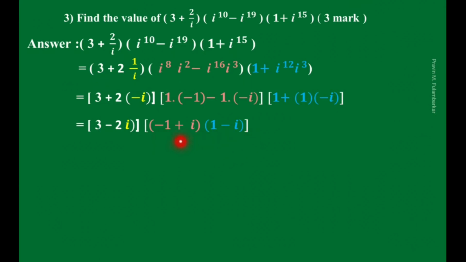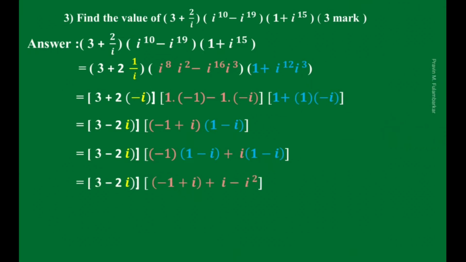Now we have to multiply any two brackets first. So we multiply the second and third bracket first. So we write minus 1 into 1 minus i, then plus i into 1 minus i. Then multiply minus 1 to each term. So we get minus 1 into 1 is minus 1, minus minus plus, so 1 into i is i.